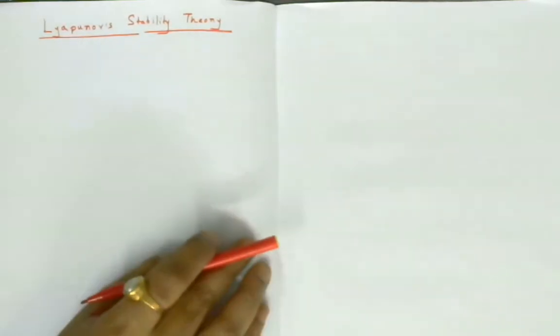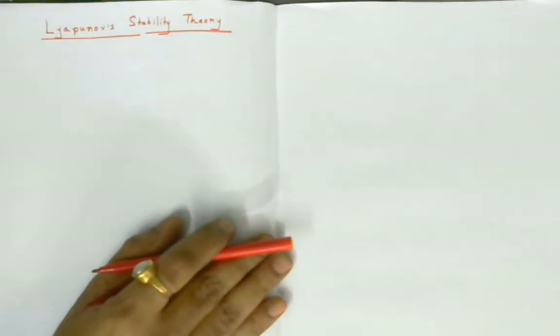So one point is clear: the phase plane trajectory will start from the initial point, and it may or may not go to the equilibrium point depending on the type of differential equation, right?